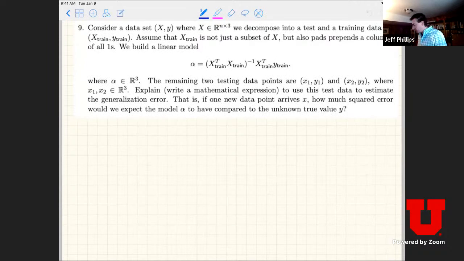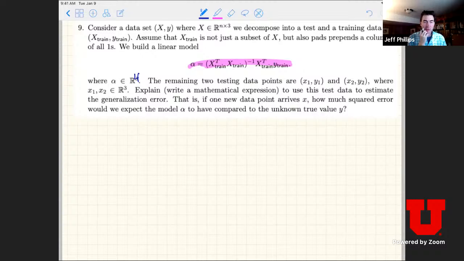Then we build a linear classifier. This model should be in R4 because it prepended this offset term onto there. Okay, that should be in R4, I think.